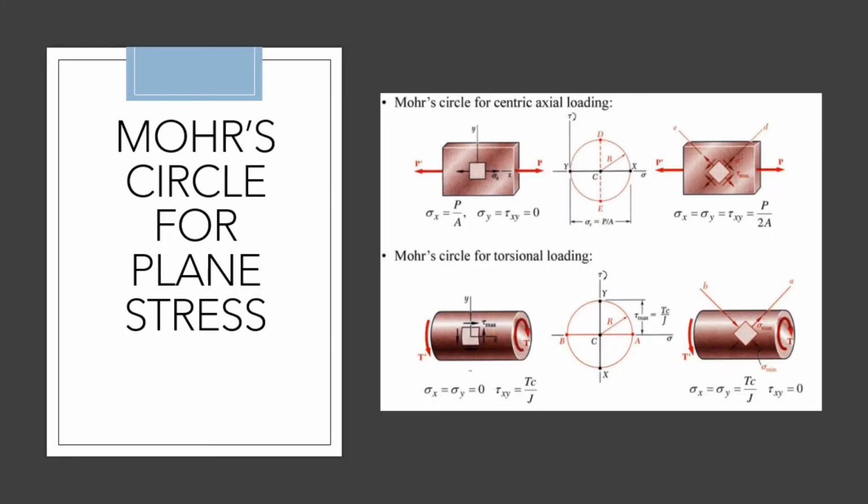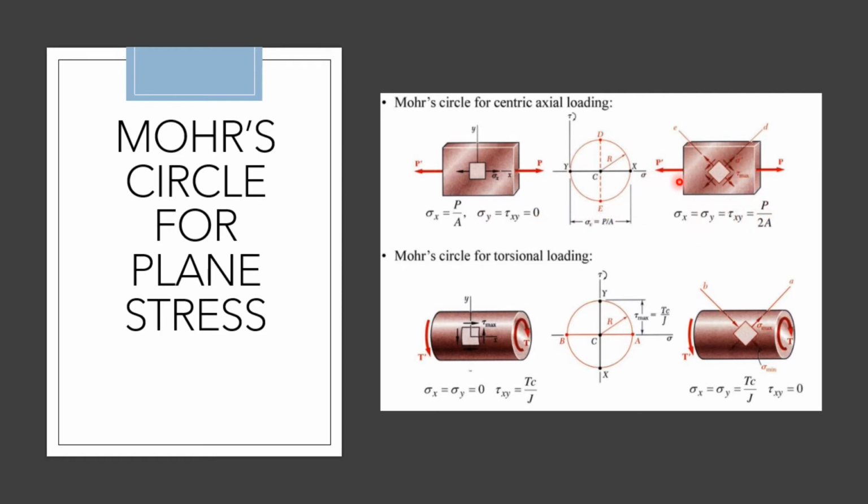Lastly, the Mohr circle for centric axial loading, as we can see, we can use this formula. Sigma x is equal to P over A, sigma y is equal to tau xy, which is equal to 0.